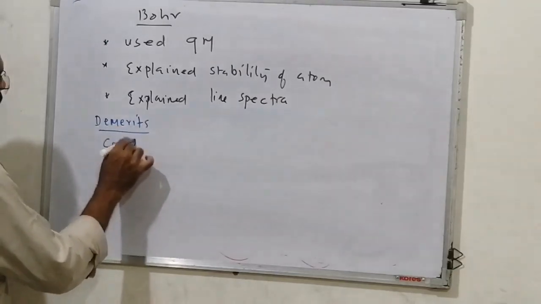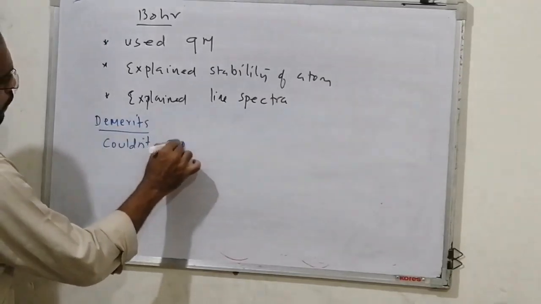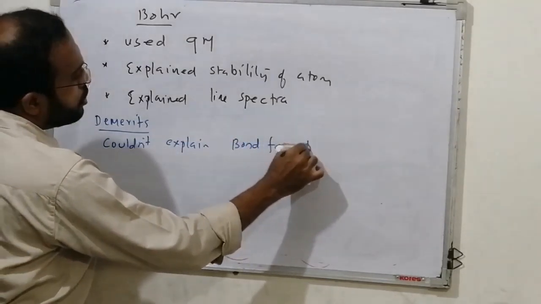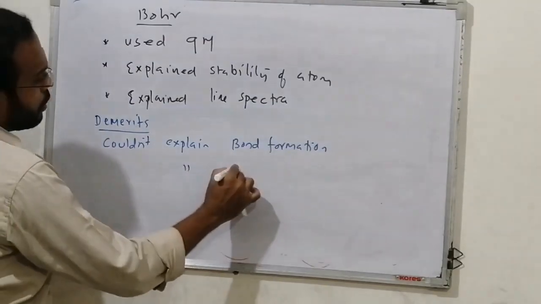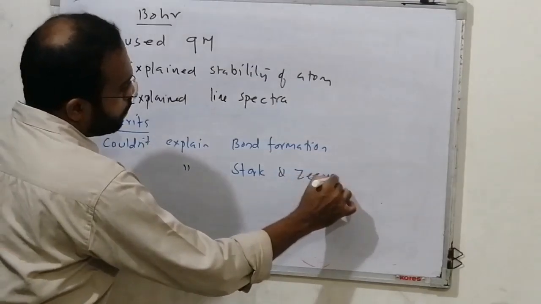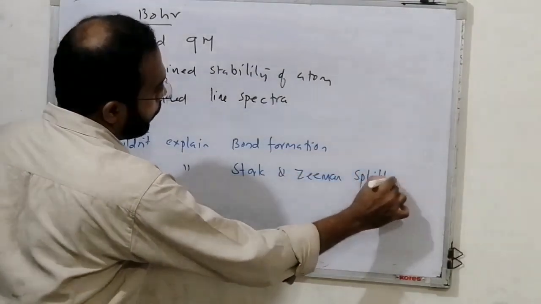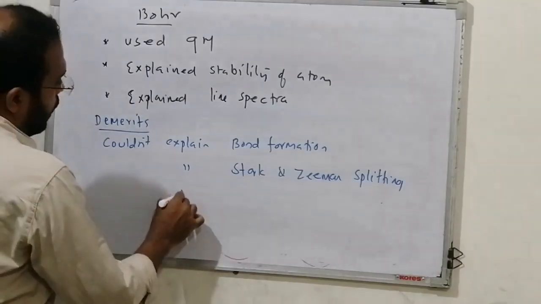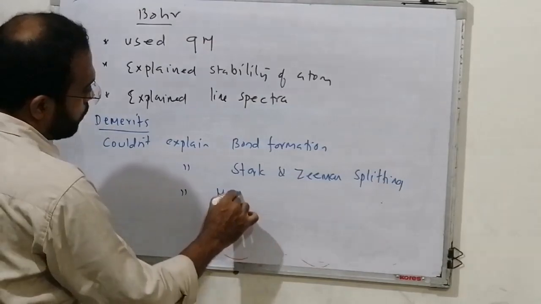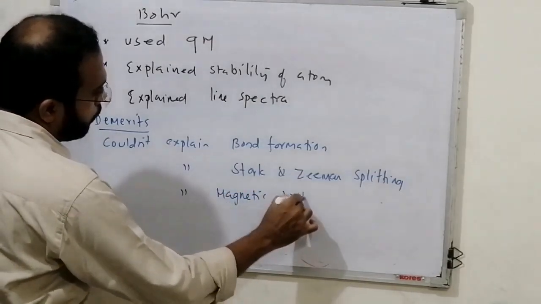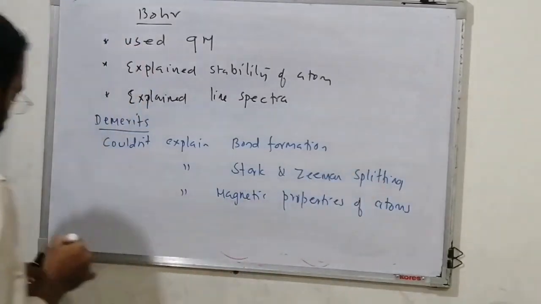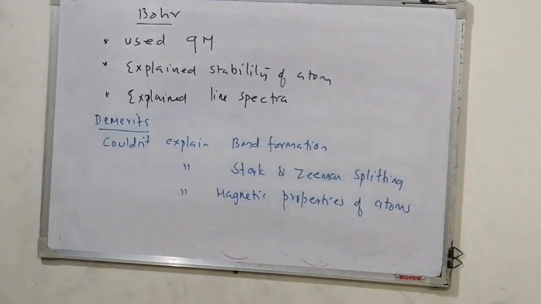Demerits: it couldn't explain bond formation, why atoms form bonds. It couldn't explain Stark and Zeeman splitting. It couldn't explain magnetic properties of atoms.